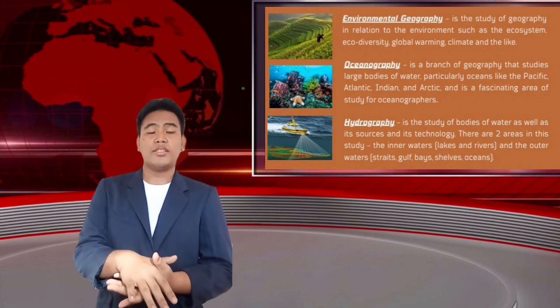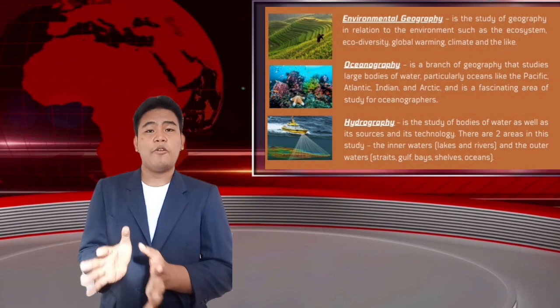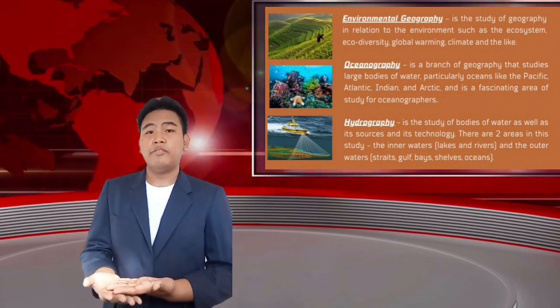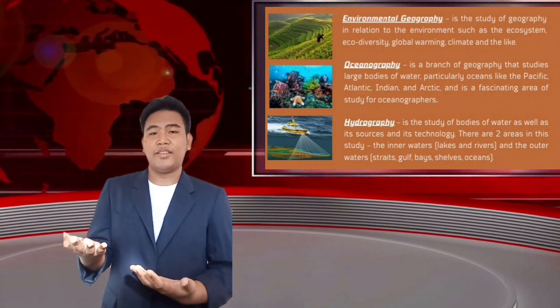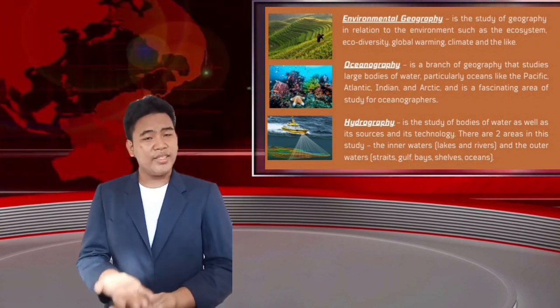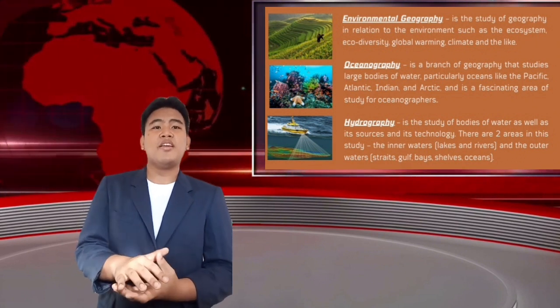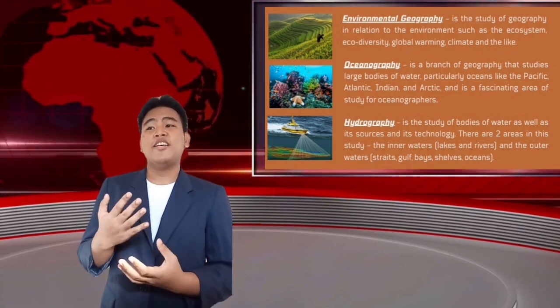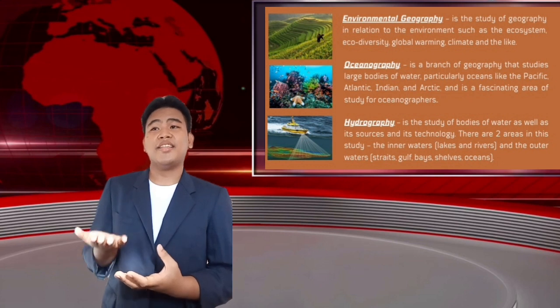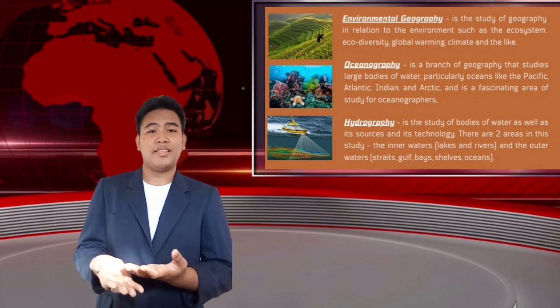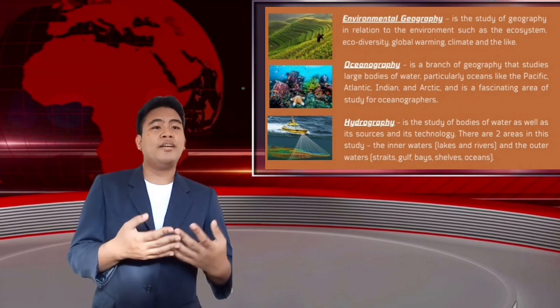It is focused on the ecosystem of that area, how it is preserved or abundant, and of course the biodiversity. It also looks at what species are in that area, or what are the plants or fauna that are abundant in that ecosystem.